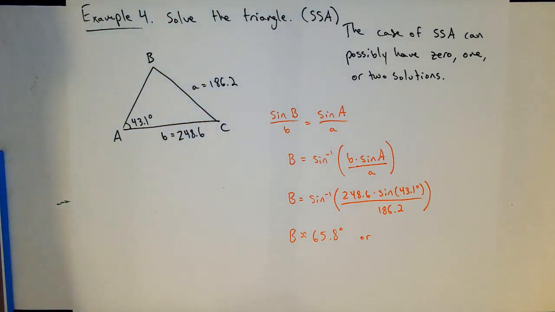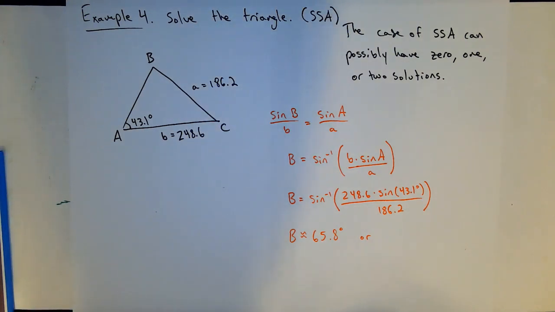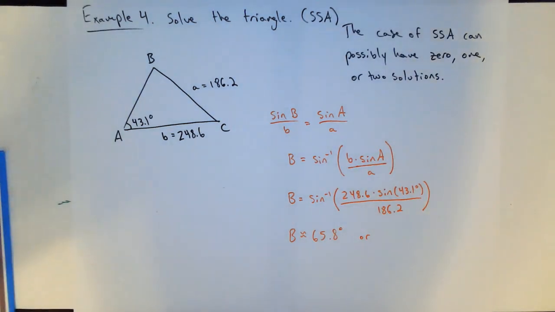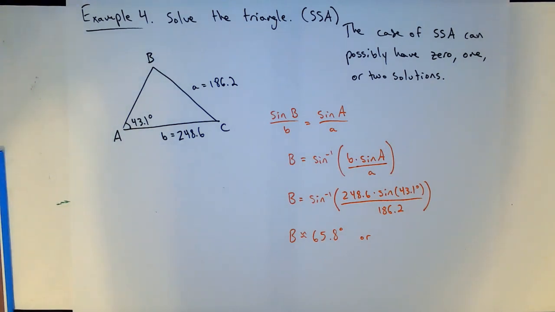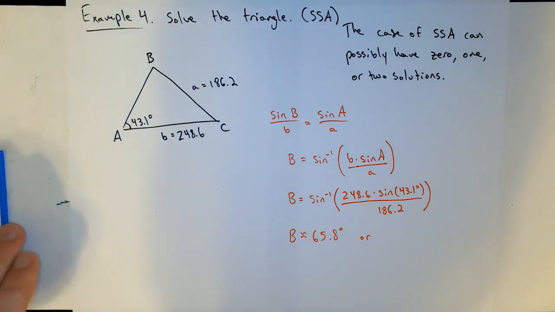In fact, the only time it yields one answer is if it's exactly 90 degrees, when the input into the inverse function is just 1. Anyways, so it can give two answers, either in the first or second quadrant.